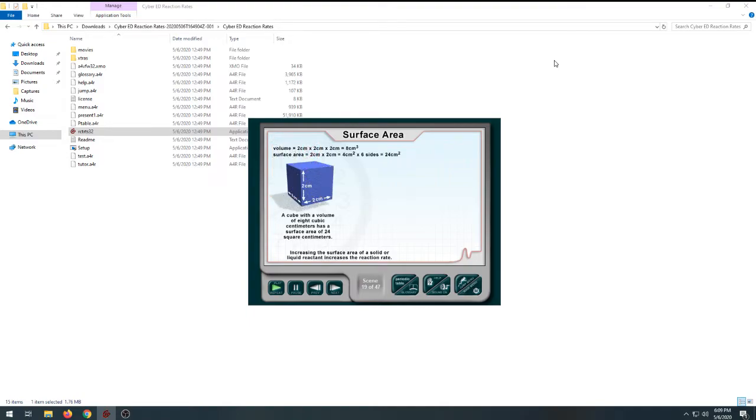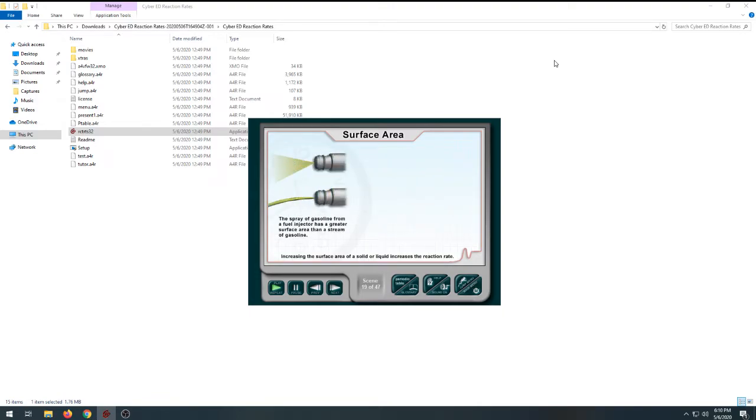For example, a cube with the volume 8 cubic centimeters has a surface area of 24 square centimeters. If it is cut 3 times to make 8 cubes, each with a volume of 1 cubic centimeter, the total volume is still 8 cubic centimeters, but the surface area increases to 48 square centimeters.